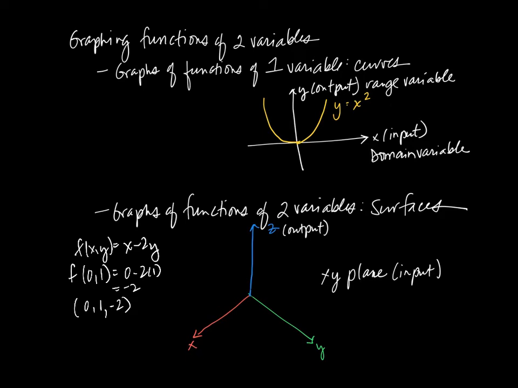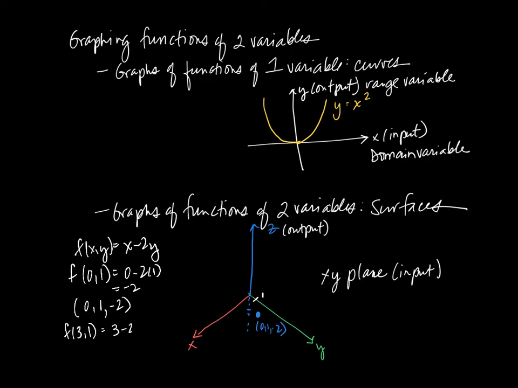So if we were to try to graph that, that's 0 comma, and here's 1, and then if you imagine the z-axis going down, 1, 2, so it might be somewhere right around there, 0, 1, negative 2.